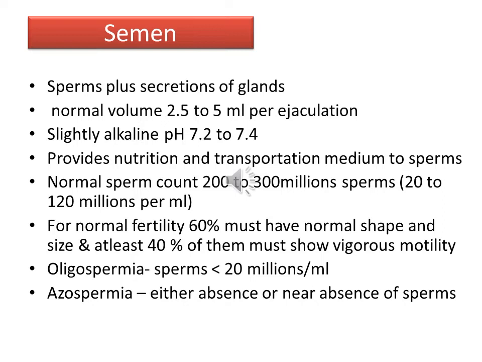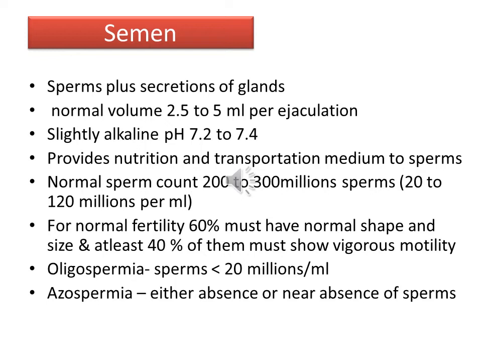On these statements questions come; sometimes they ask some numericals also on this point. So for normal fertility, out of these many millions of sperms, 60% must have normal shape and size, and from that at least 40% must show vigorous motility.